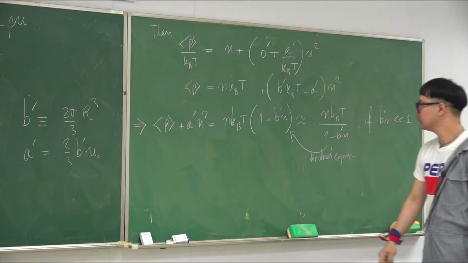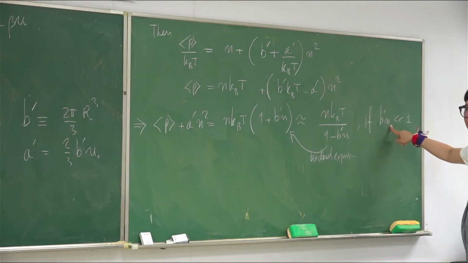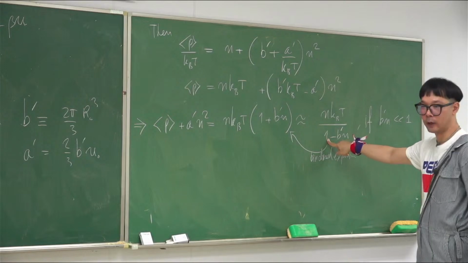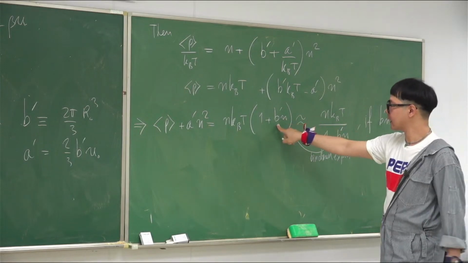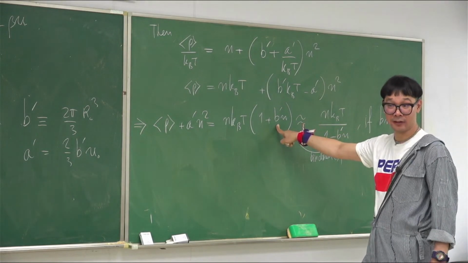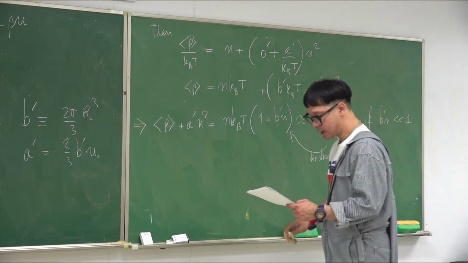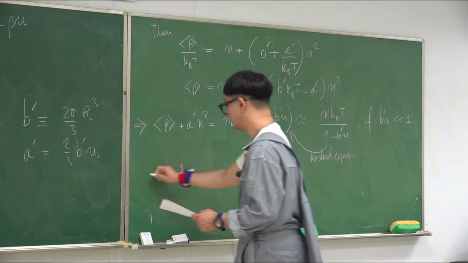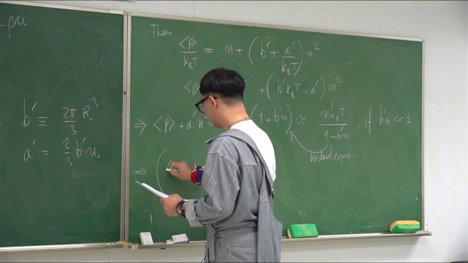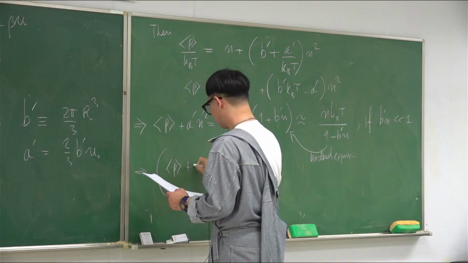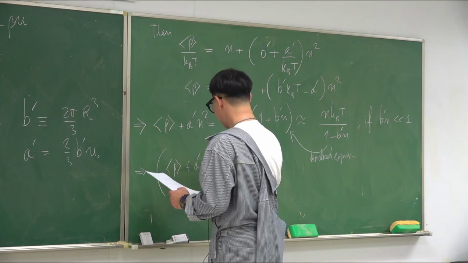If this one is very small compared to this one, then this is like the first order of expansion, right? Okay, then what you have is this equation.